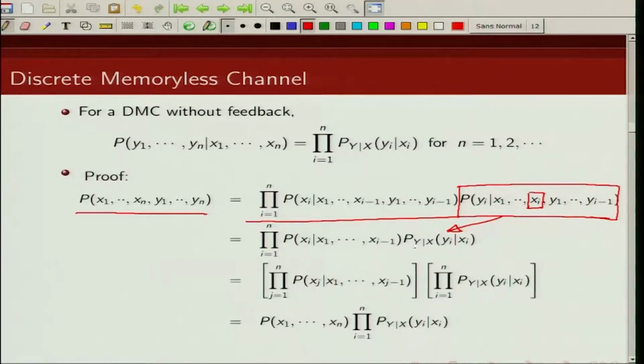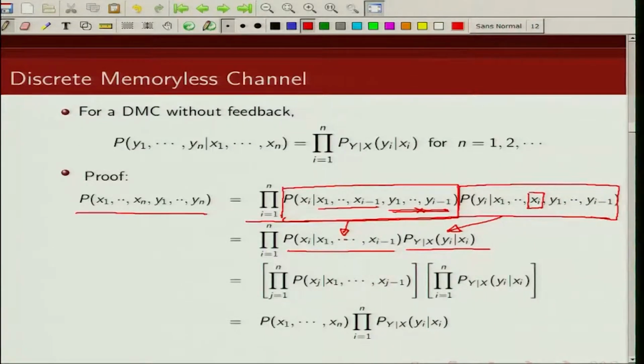So this term can be written in this particular fashion, and since we are talking about a discrete memoryless channel without feedback, this term can be written as well. The probability of xi given x1, x2, up to xi minus 1 and y1, y2, up to yi minus 1 does not depend on the outputs, it only depends on these values.